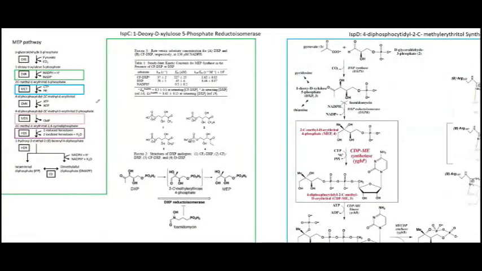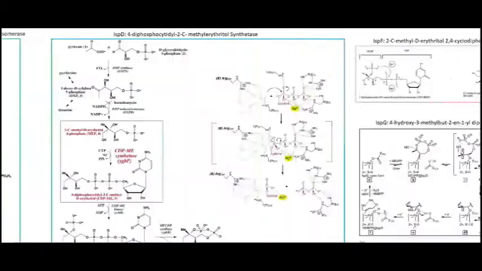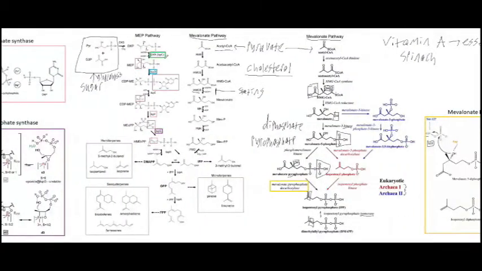So if I go over here, we have this MEP pathway, and you'll notice again that there isn't a fully agreed upon name for these enzymes. So I have them circled in the same color here. So this is DXR, but it's also called IspC and IspD, IspFG, and so on.